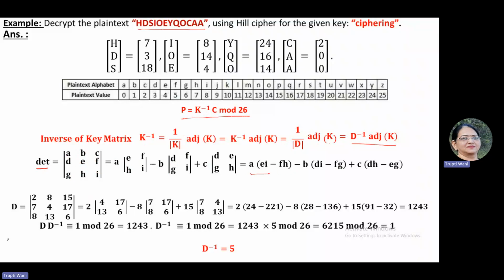So this is the formula to get the determinant of a 3 by 3 matrix.